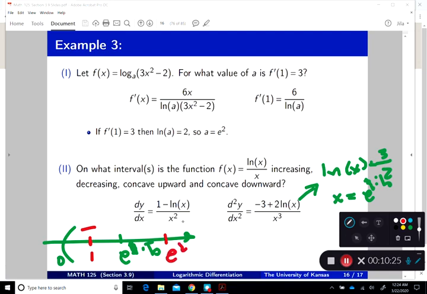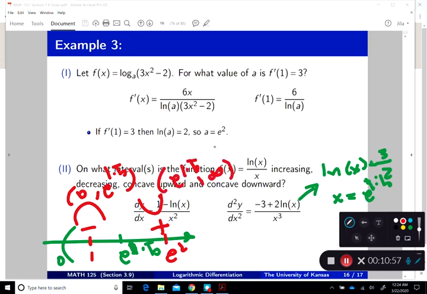I see if I plug in e to the power 2 I get a positive value on top, I get 1 on top, and then e to the power 3 in the bottom. So this is positive. So now this part is concave down, this one is concave up. This part is 0 to e to the power 1.5, and this part is e to the power 1.5 to infinity.